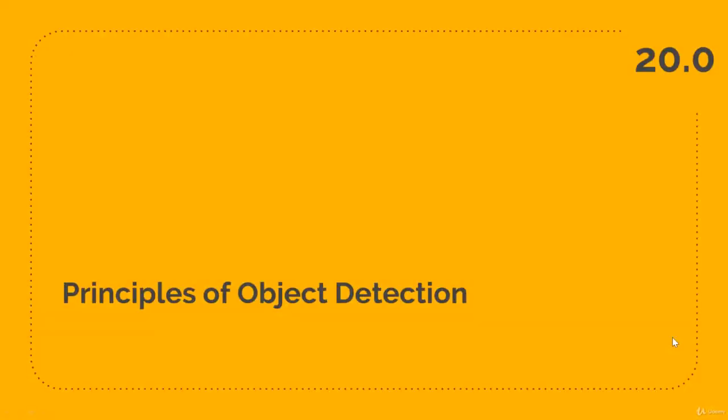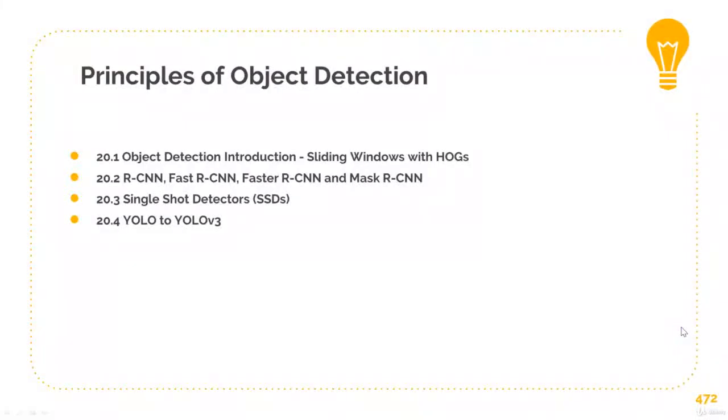Okay, so welcome to chapter 20, where we finally get into object detection. Basically this chapter is split up into 4 sections. First is where I introduce the concept and basically how object detection all started and what it evolved to. And then in 20.2, I start talking about more modern day CNN based object detectors. So we go from RCNNs to Mask RCNNs.